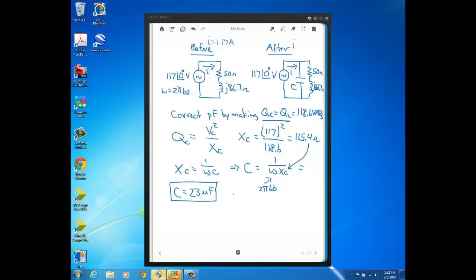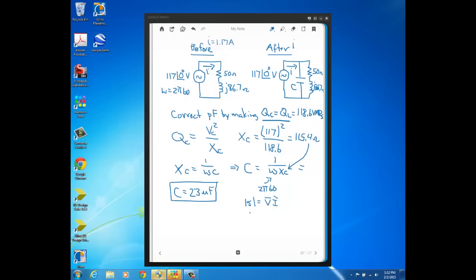But instead of doing that, let's use the relationship between apparent power and current, right? That for an impedance, apparent power is just equal to V times I. Okay, so we know the V across the impedance is the source voltage because everything's in parallel, so we got 117 across the capacitor and the impedance of the motor.